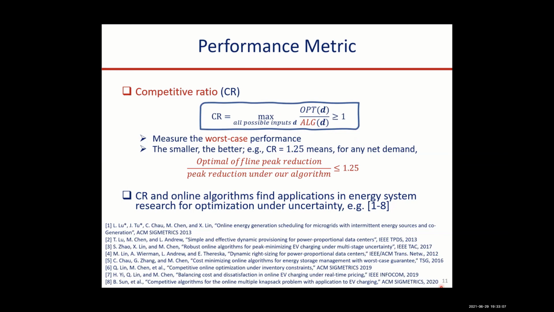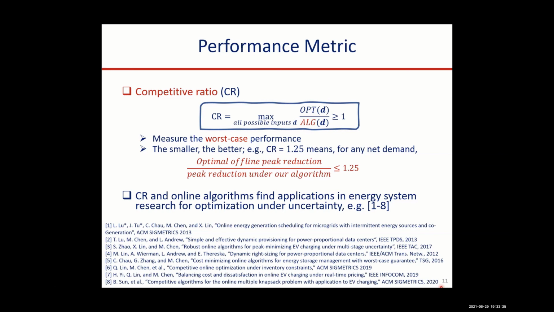The difference is that for a static offline solution, the solution cannot change across time slots. If you decide to discharge, let's say for this problem, 5 kilowatts per hour, then you have to keep doing so. So we think that a static offline decision as a benchmark may not be very interesting for our setting.